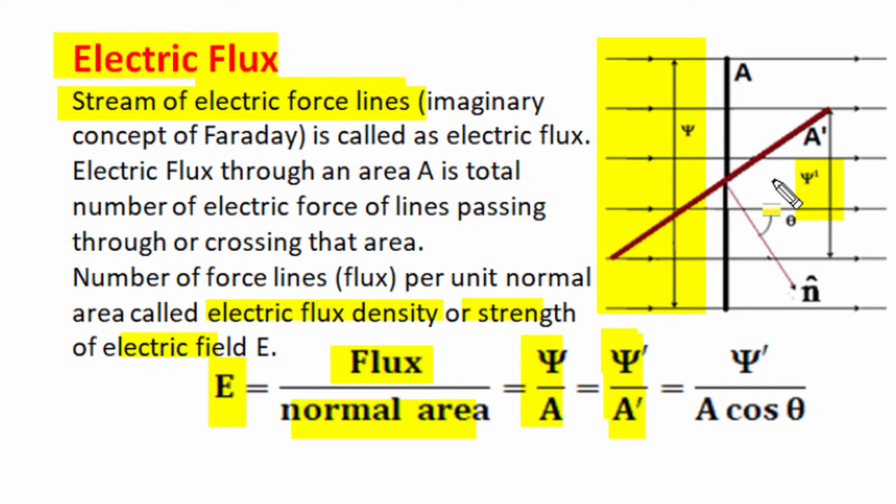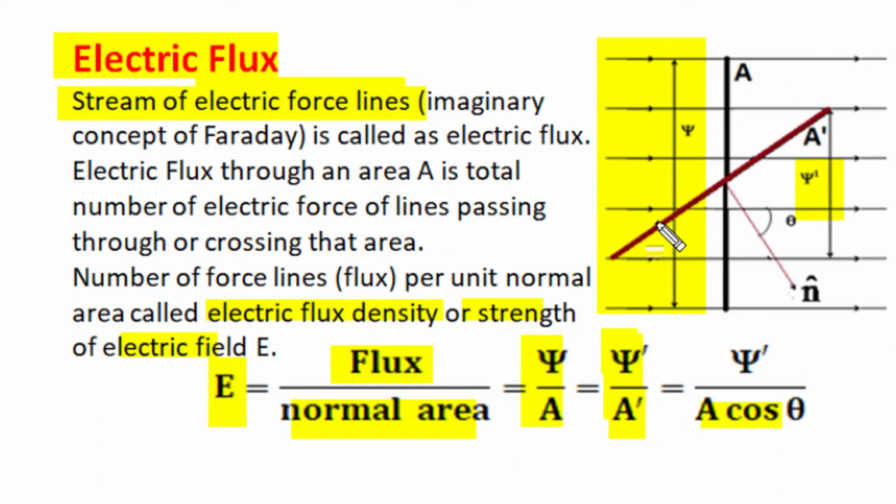Here the normal component of this A dash area is A cos theta. Flux per unit normal area on brown surface remains the same as flux per unit area of black surface, and flux per unit normal area is called electric field intensity or electric flux density.